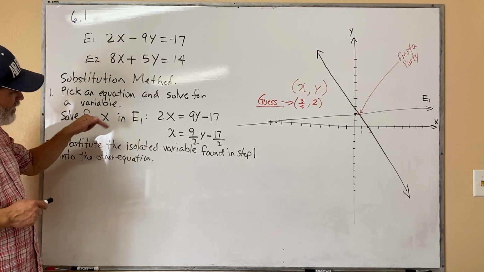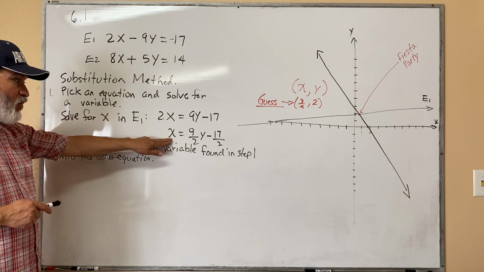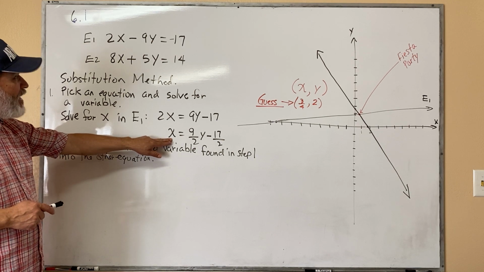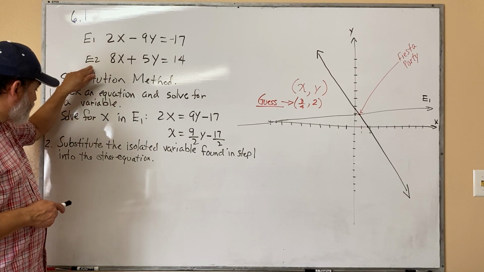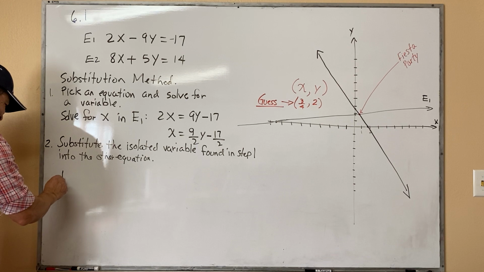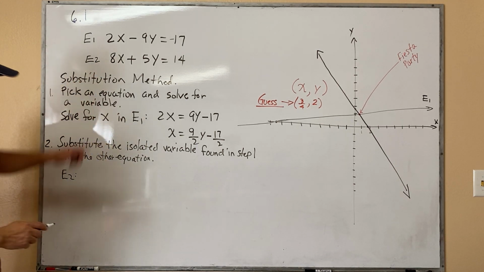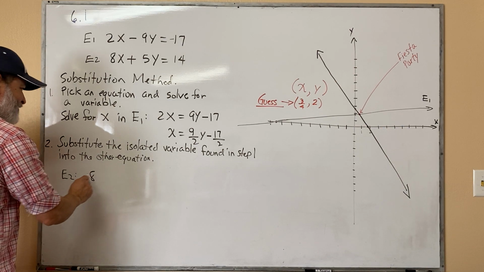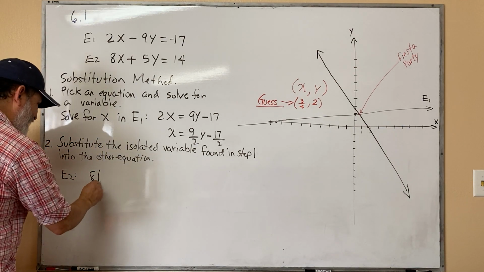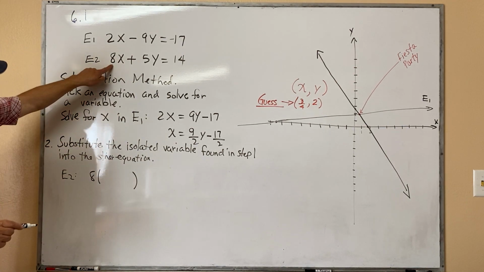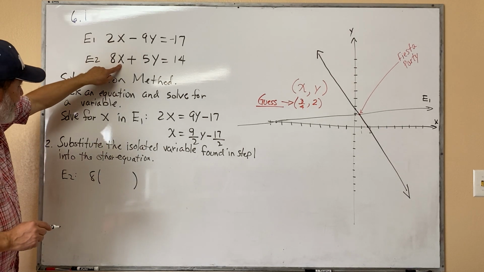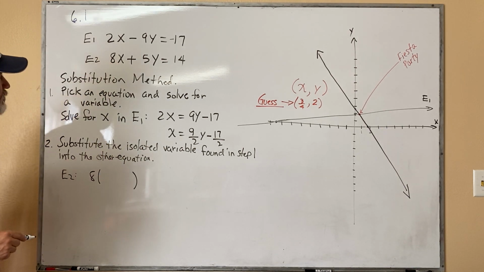Now I'm going to take what I found from step 1 and plug it into my other equation. Here's my other equation, equation 2. That's 8x. And this x is going to come from step 1.